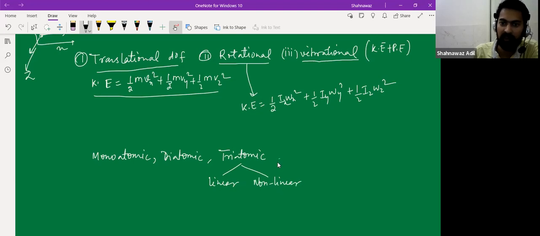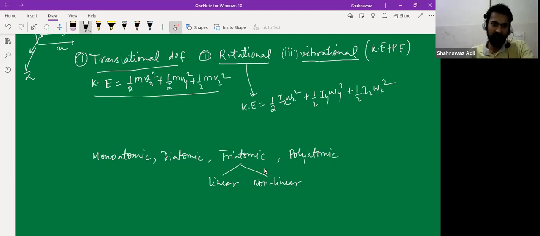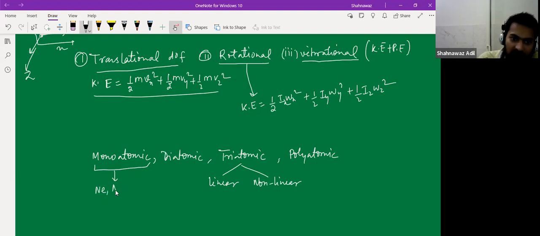And then we have polyatomic. Right, guys? So what are examples of a monoatomic gas? Neon, argon, xenon. These are monoatomic gases, right?